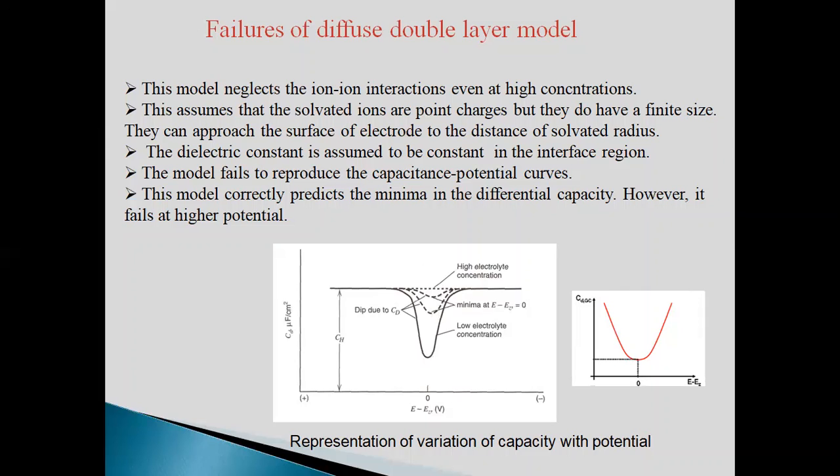If the ions are point charges, then they can approach the surface of the electrode without any restriction of distance, and so this causes the increase in capacitance without any limit.